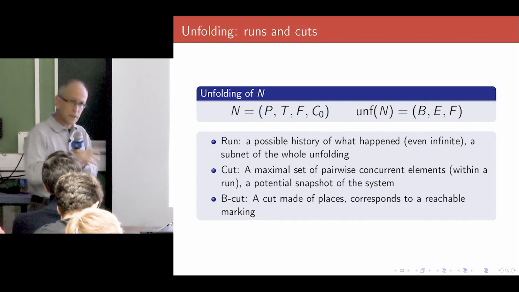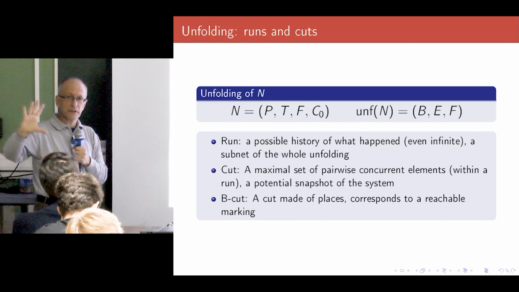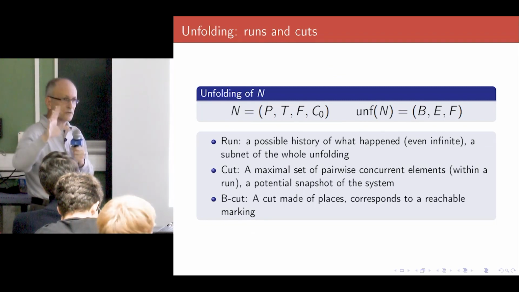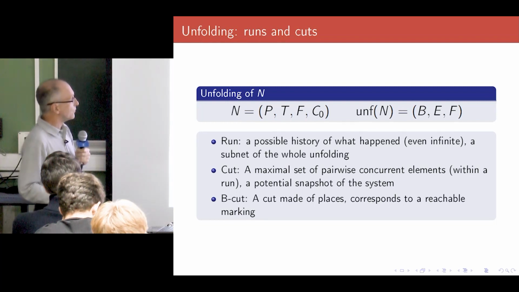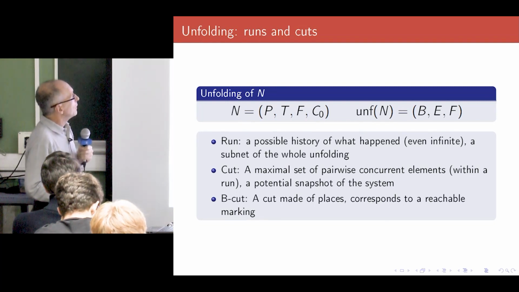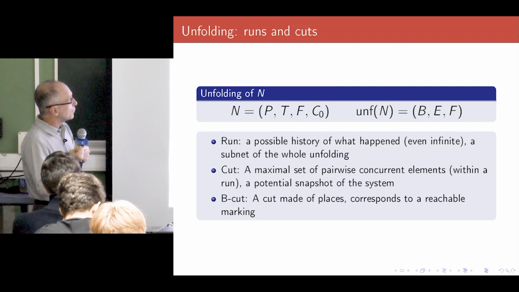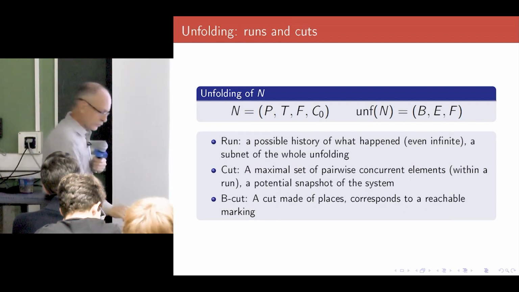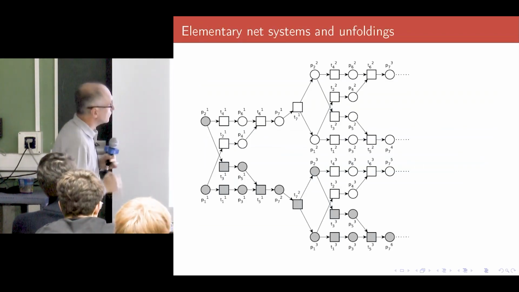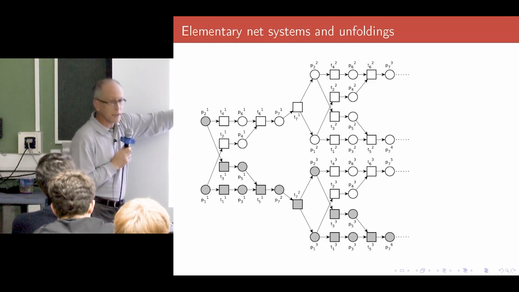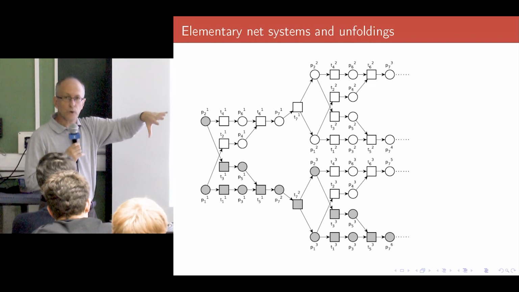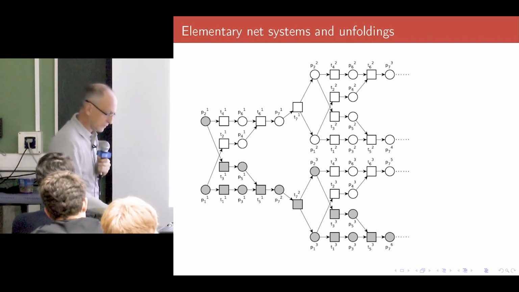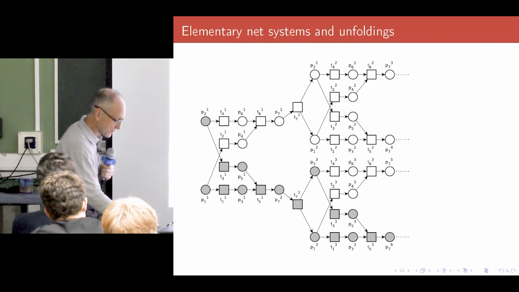So the unfolding is this potentially infinite net, and we can define some interesting objects within such an infinite net. In particular, we are interested in what is a run. A run is what I have drawn here in gray. So one possible history, the record of one possible history in the system, with all choices solved.